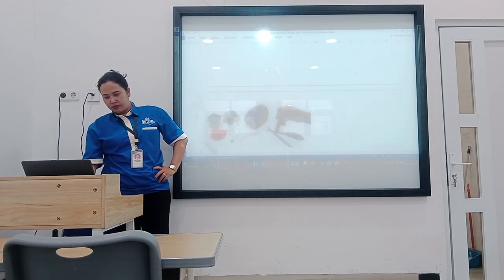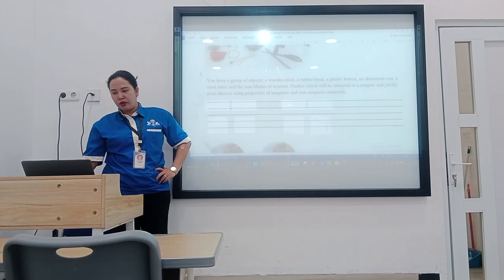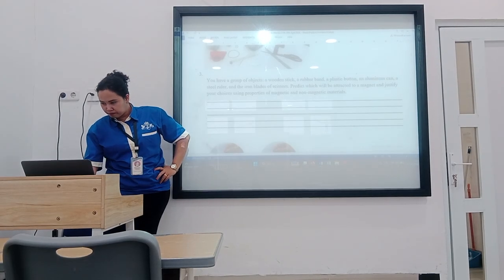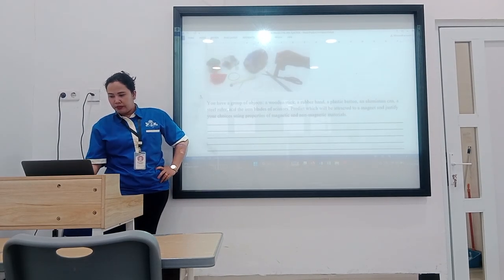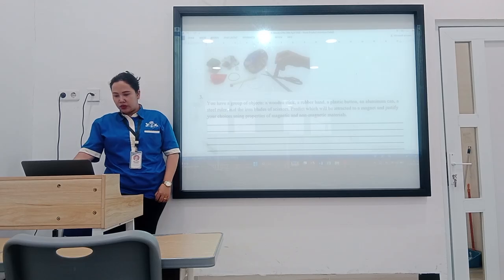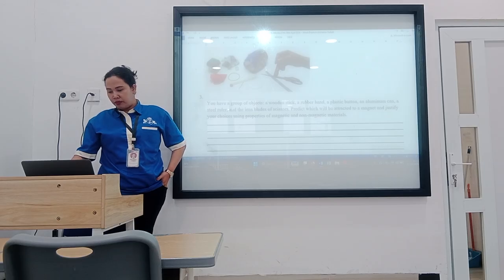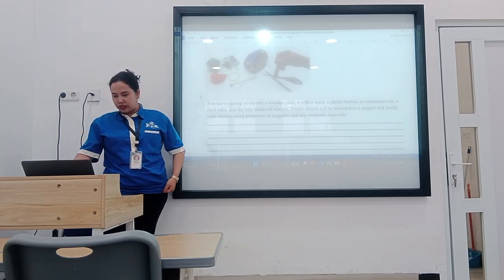Okay, Miss. Number three. You have a group of objects: wooden stick, rubber band, plastic button, aluminum can, steel ruler, and the iron blades of scissors. Predict which will be attracted to a magnet and justify your choices using properties of magnetic and non-magnetic materials.